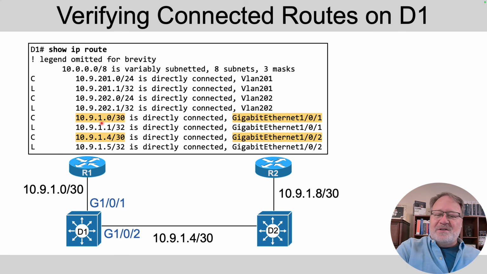We see the respective subnets there as connected routes. So anytime you look in a switch's IP routing table and you see physical interfaces there as the outgoing interface on a route, that's a clue that it's a routed port because you configure IP addresses on the physical interfaces when they are routed ports.